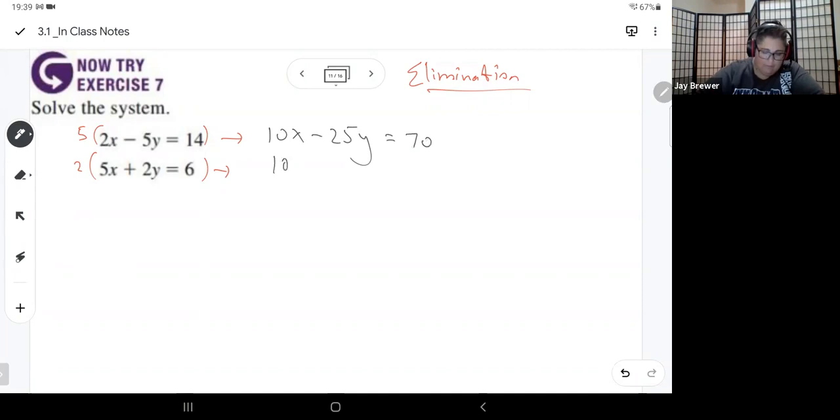And then we've got 10x plus 4y equals 12. We're going to subtract the bottom. So that means some sign changes. So negative there. This now becomes a negative, and this becomes a negative. So it's like we multiply by -2.